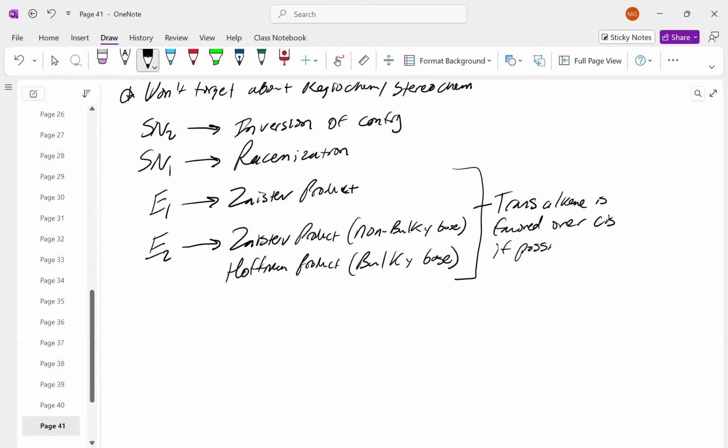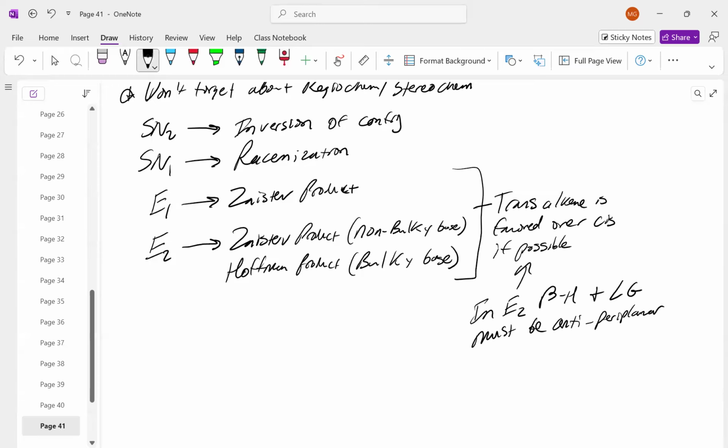Again, if possible. So what would a situation be where it wasn't possible? Well, remember in E2, the beta hydrogen that you're pulling off and the leaving group must be anti-periplanar.